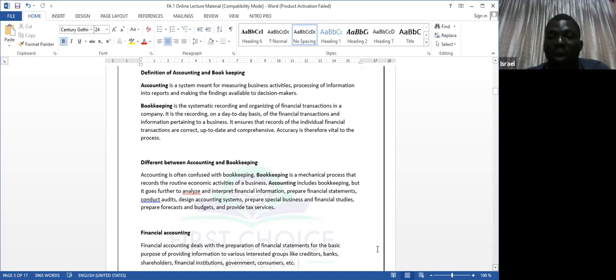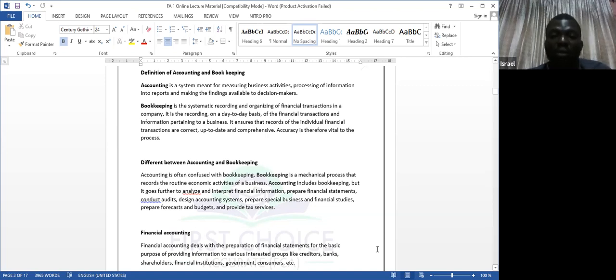So all they do in bookkeeping is try as much as possible to keep records of the daily transactions that occur in the business. So it means that bookkeeping is a date-wise activity. While accounting does not just stop at recording transactions alone, but goes ahead to classify them into their heads, to summarize them, to interpret them, and communicate such to the users.